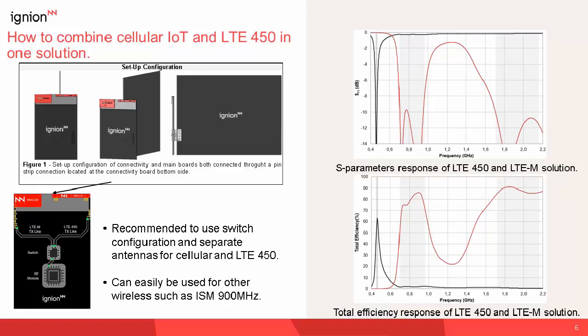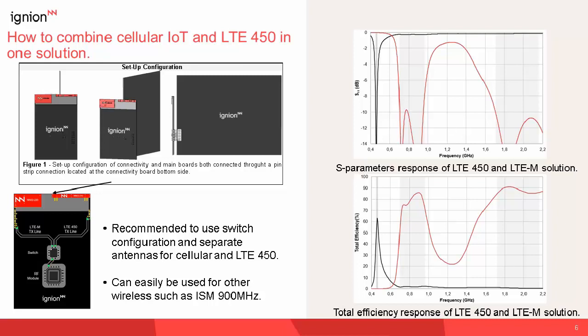Now that the multi-board setup is properly configured, we can talk about multiple wireless technologies within the same communication board. This is one of the examples that Ignion delivers, among many more, combining the new LTE 450 band and the low-power cellular technologies, such as LTE-M, with a frequency range from 700 megahertz up to 2.2 gigahertz, for global coverage.